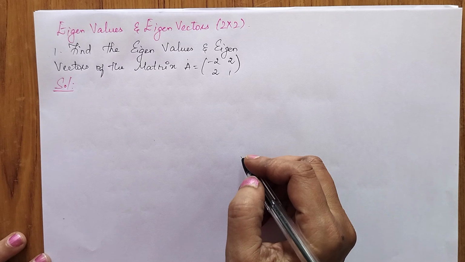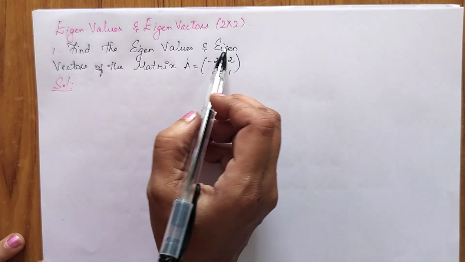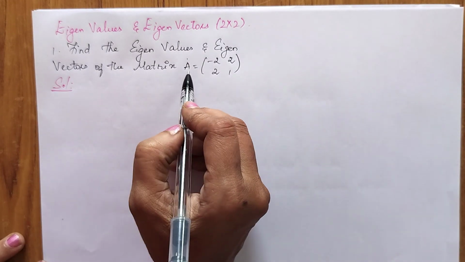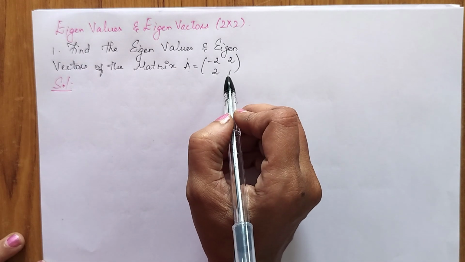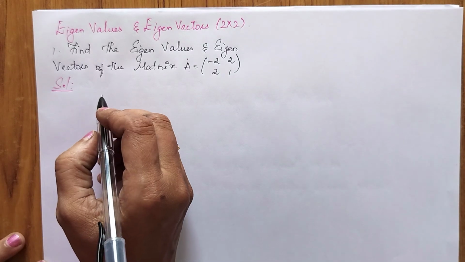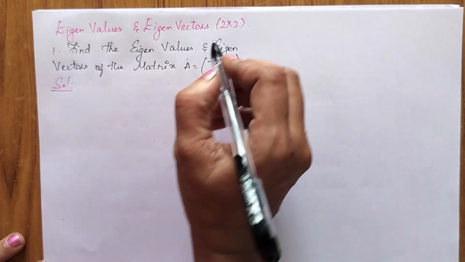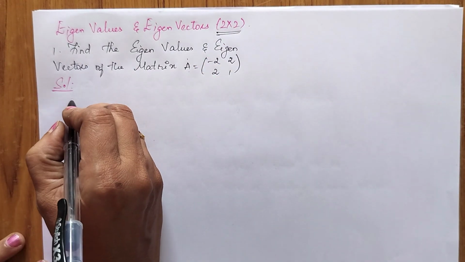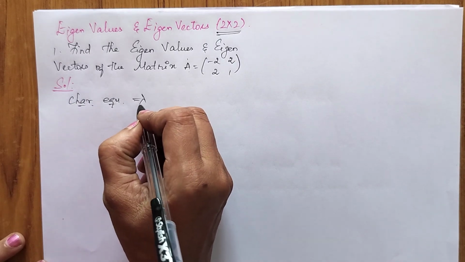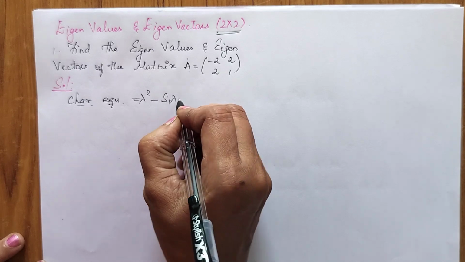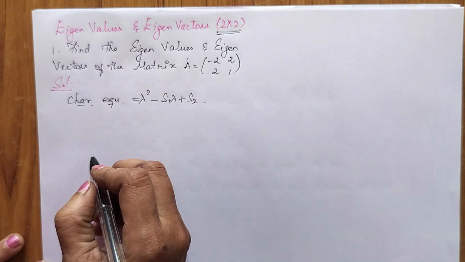Now we find the eigenvalues and eigenvectors of the matrix A, which is minus 2, 2, 2, 1. The given matrix is a 2 cross 2 matrix. The characteristic equation is lambda square minus S1 lambda plus S2.